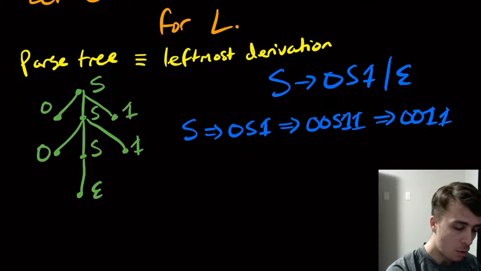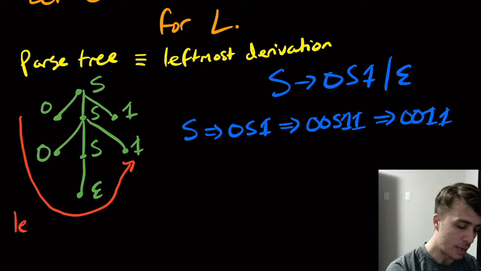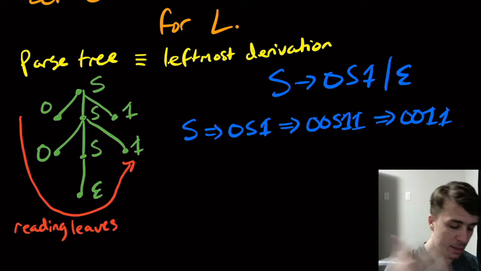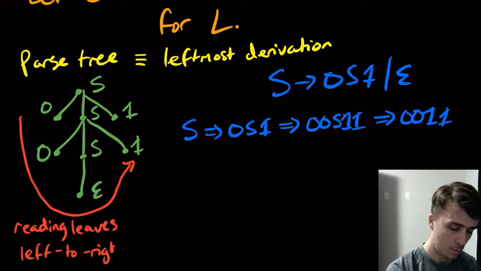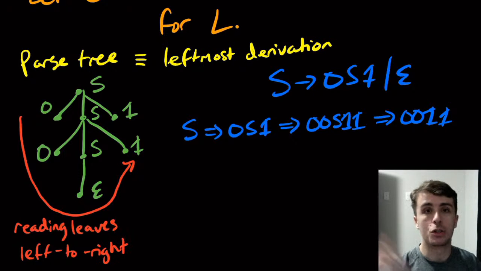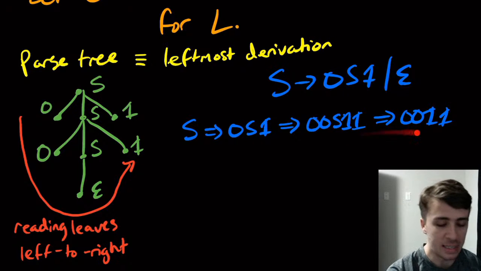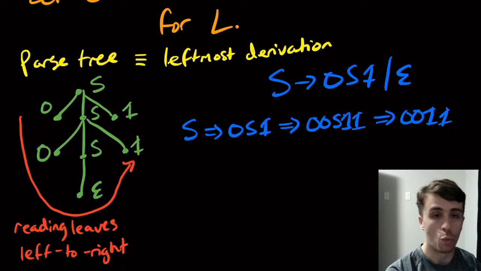So if we read the leaves from left to right here, the leaves, which are the things with no children, reading the leaves left to right, what will happen is you will generate the string that you did in the derivation over here, because you see 0, 0, nothing, 1, 1. So from left to right.